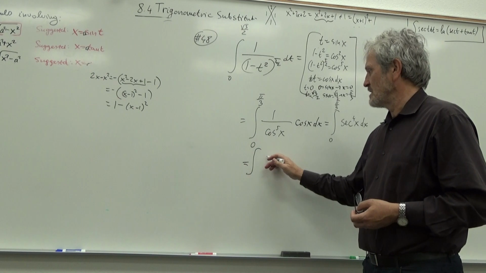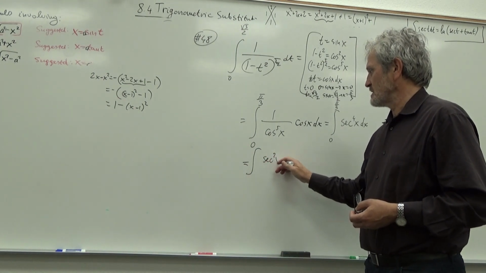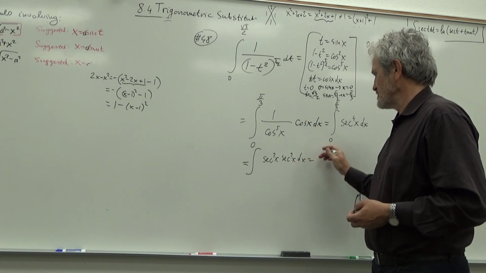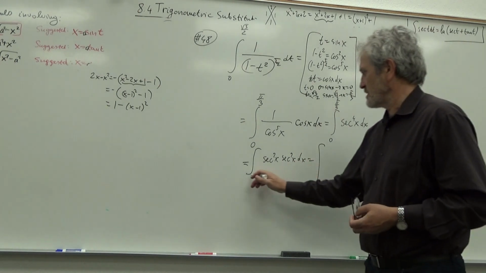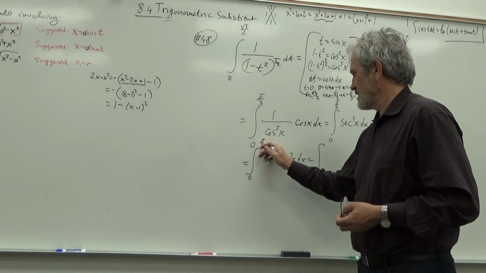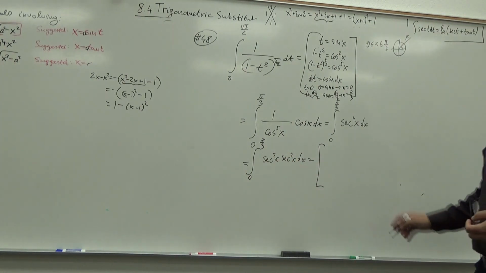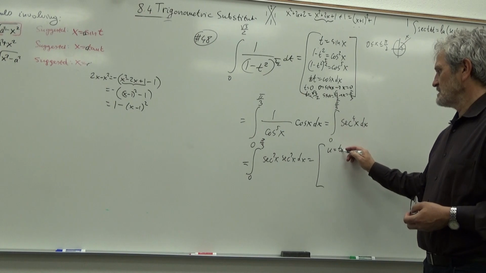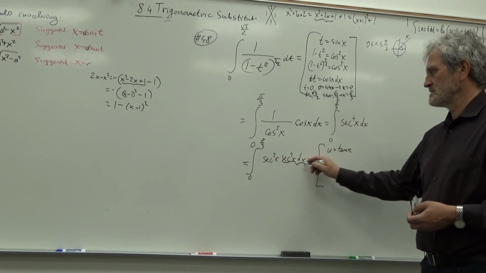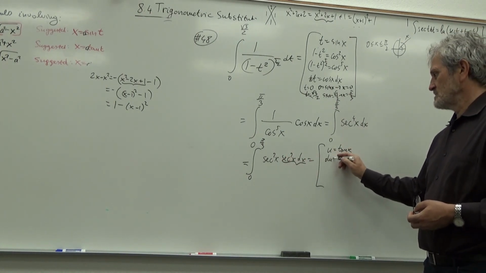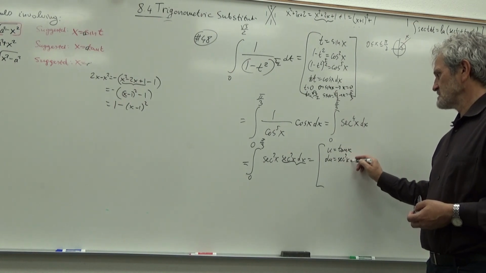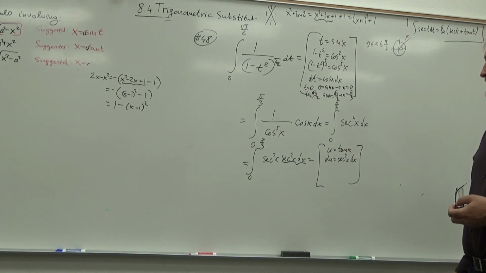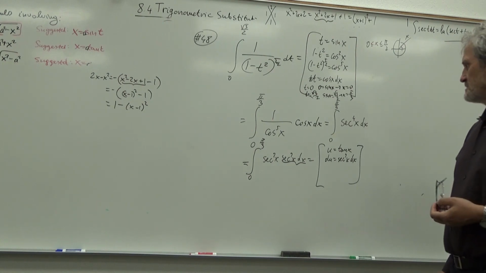So what would that be? We'll go secant square x times secant square x dx, from 0 to pi over 3. And that gives us the chance to do substitution. u equals tan x, because that's a derivative. So du is secant square x dx. Now again, change of variables.